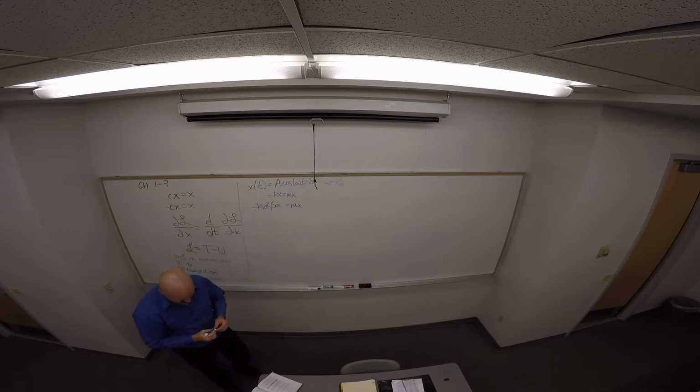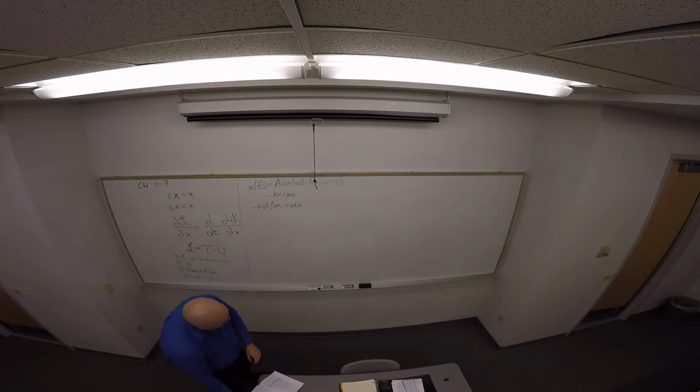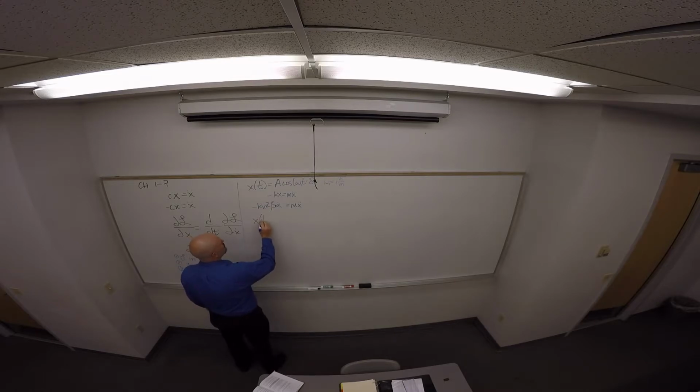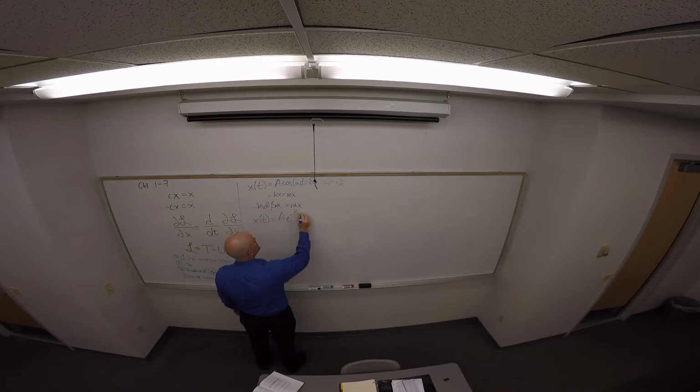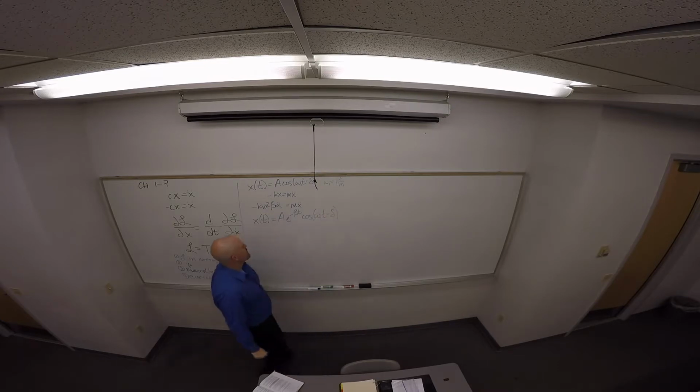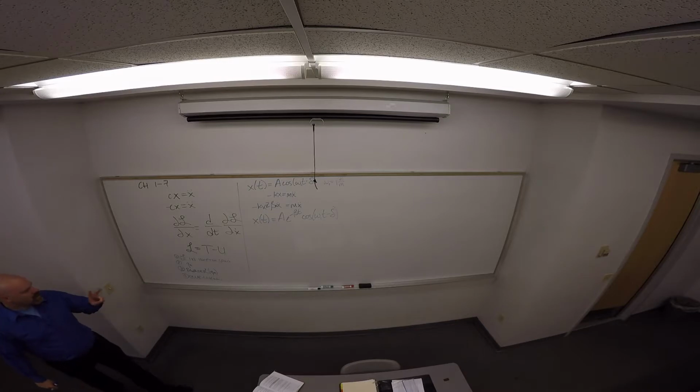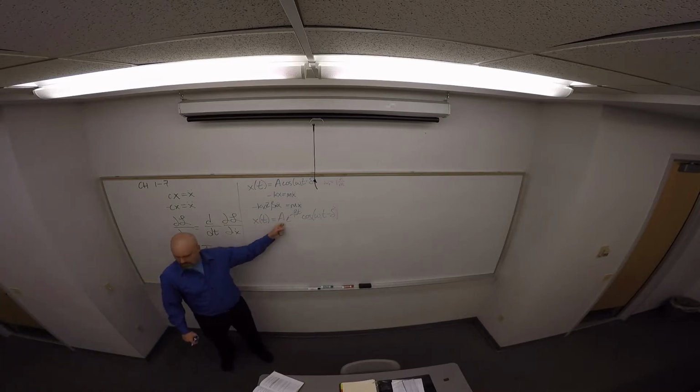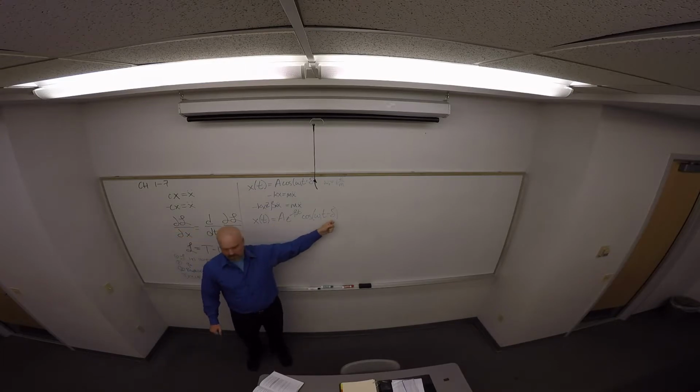And we then ultimately decided that this differential equation has a solution that looks like this, where x of t is equal to A e to the minus beta t cosine of omega 1 t minus delta. Still have 2 unknowns, which are the initial amplitude in this case, and the phase offset.